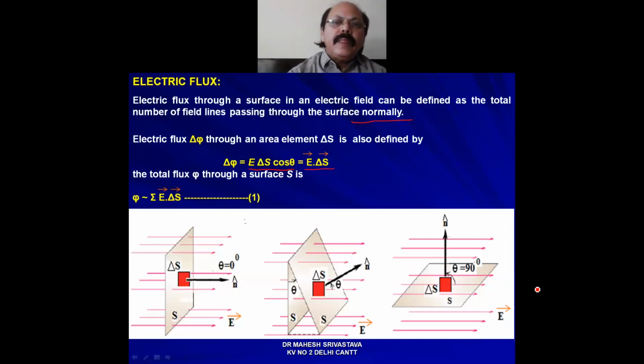Now you see that here we have taken a surface of area S. This surface S has a large number of small area elements.